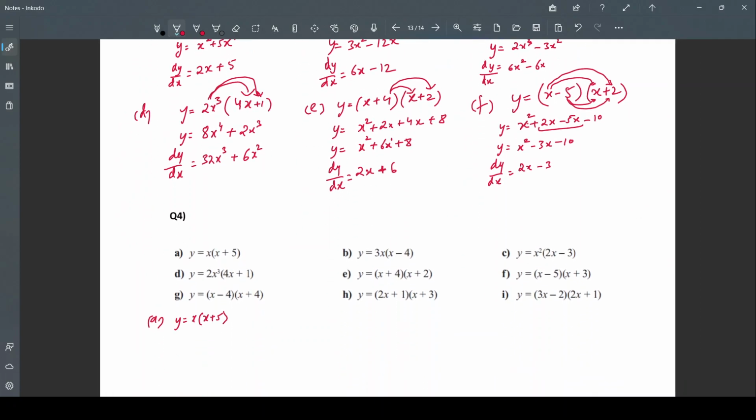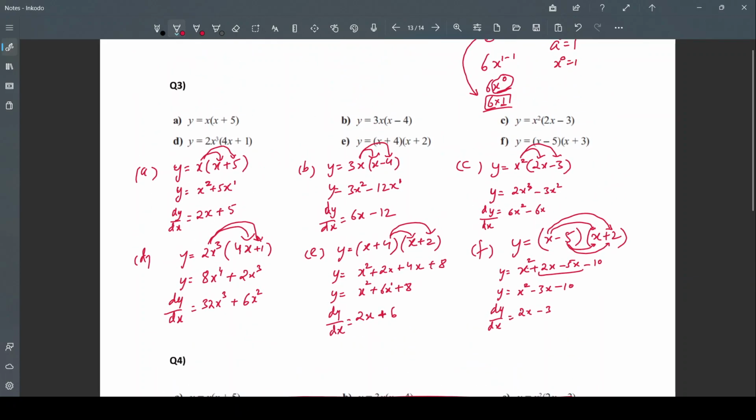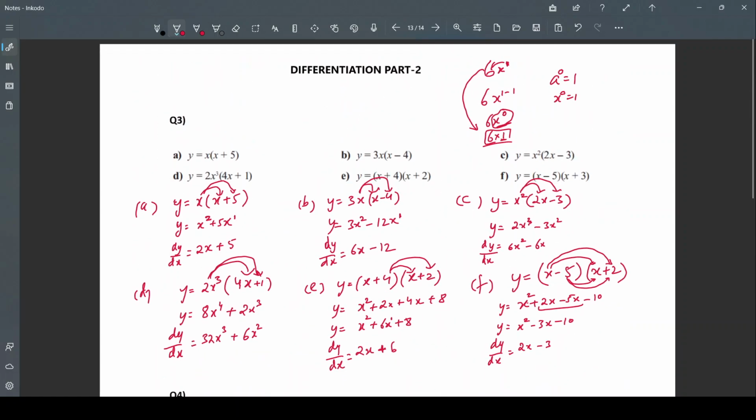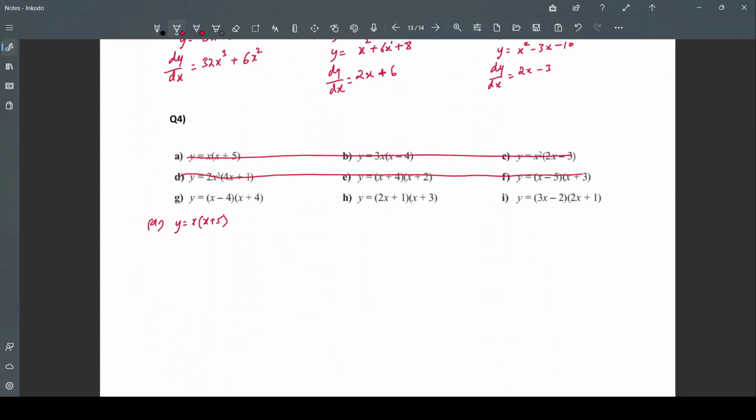These questions we have already done, so we can do G, H and I.